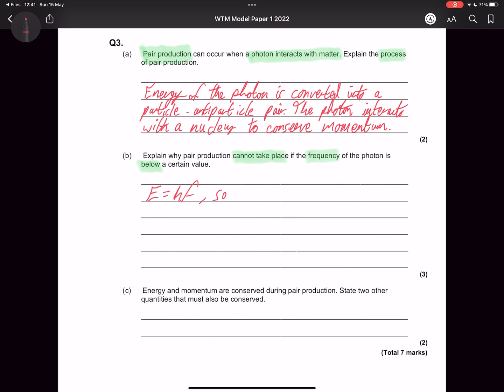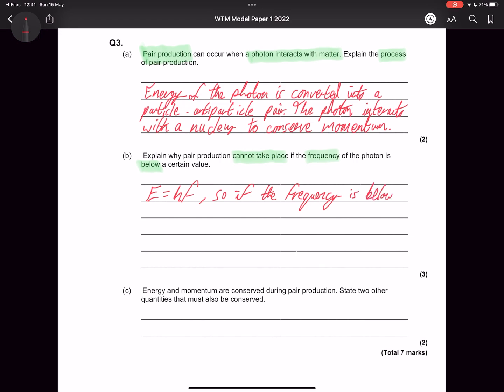So we can confirm that means, if the frequency is below a certain value, then the energy of the photon is also going to be below, which makes it, in this case, insufficient in order to provide the energy needed to produce the particles.